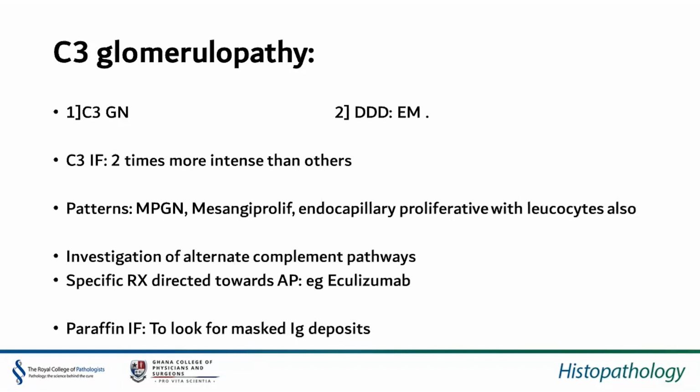You may think this is C3 glomerulopathy, but actually it is an immune complex glomerulonephritis because the immunoglobulin deposits are masked. So you must do a paraffin IF in these cases.